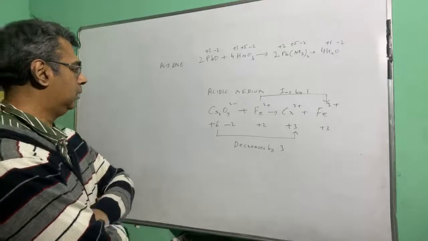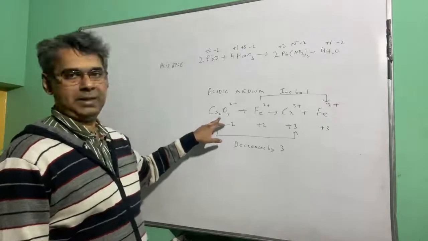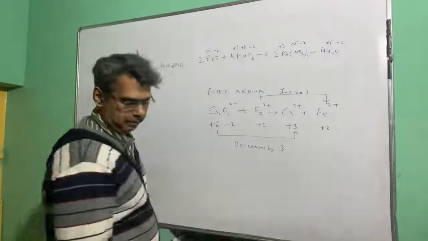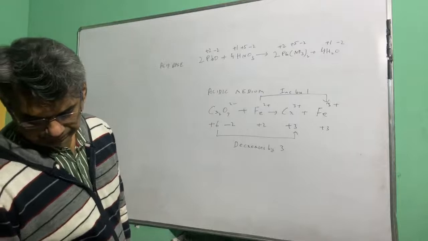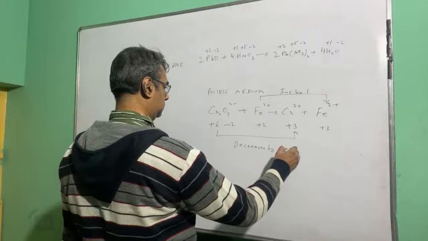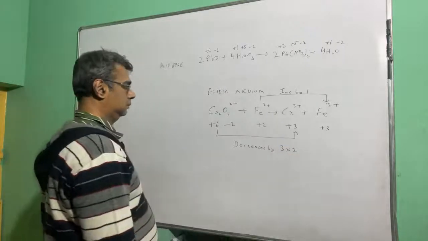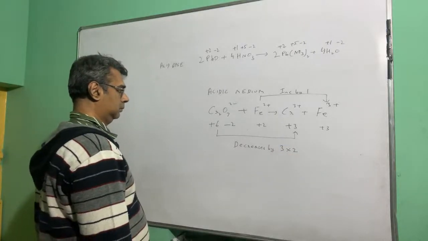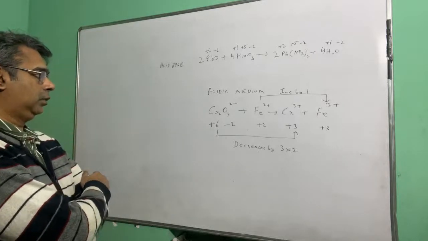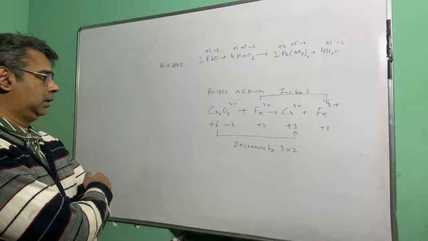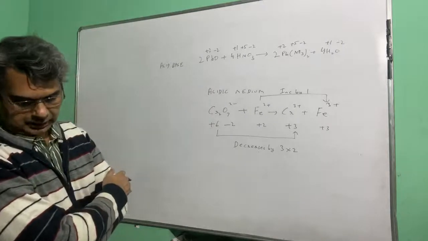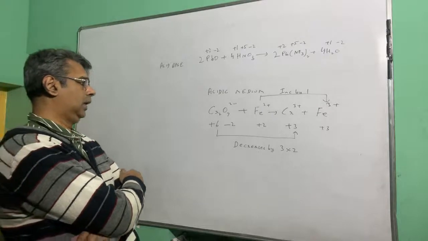Now there is a problem that there are two chromiums, it is Cr2. So because there are two chromiums, it will be decreases by 3 into 2, right?